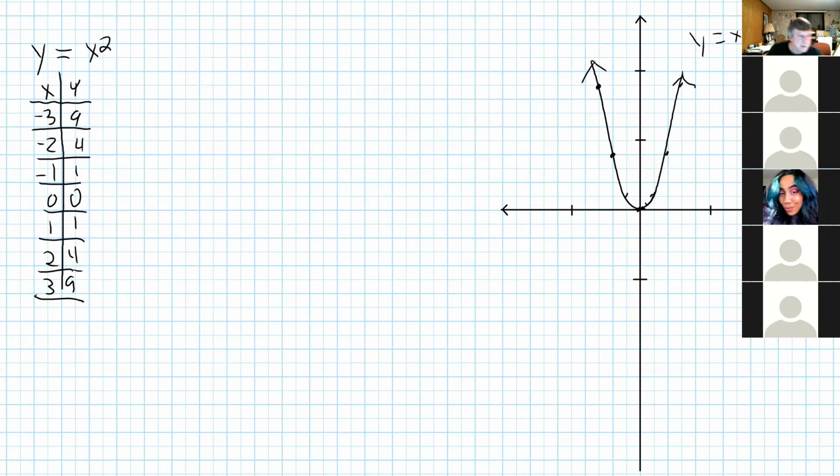Hopefully that'll save me some space. And now we're going to compare y equals x squared to y equals (x minus 2) squared. So instead of the -2 being a constant outside that would move the graph down, -2 is on the inside. Let's see what that does to the graph.